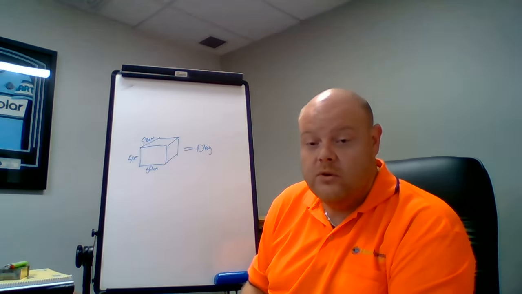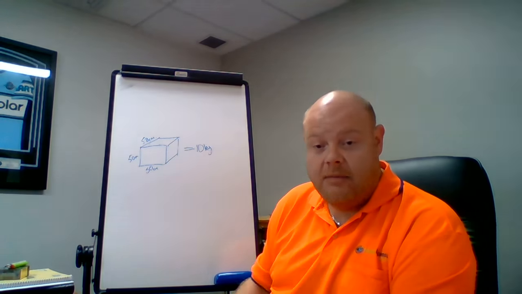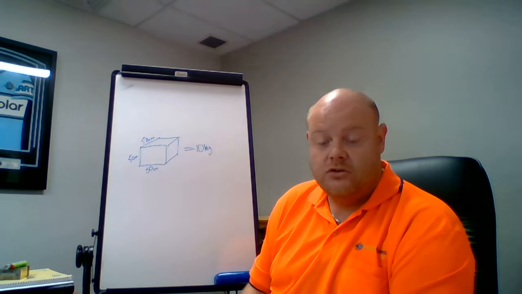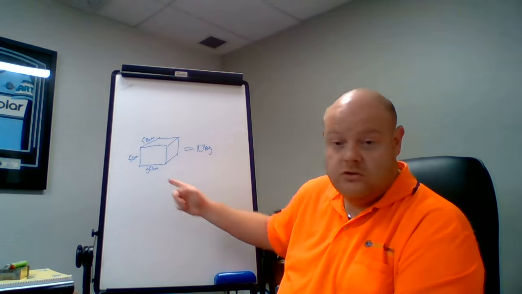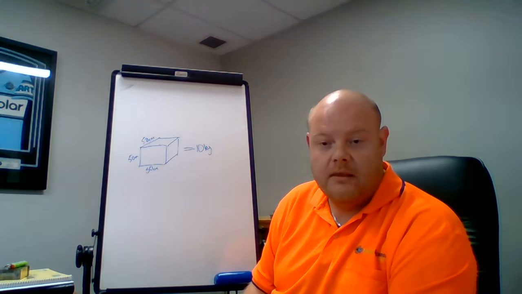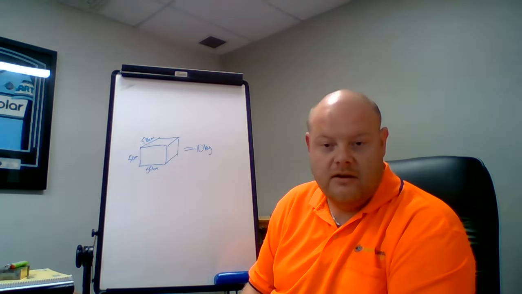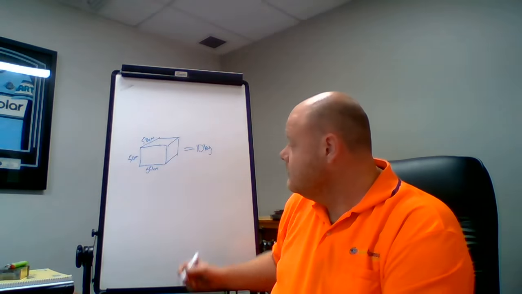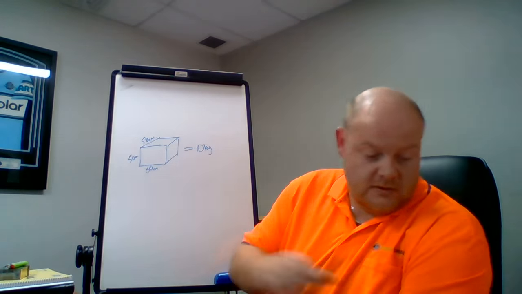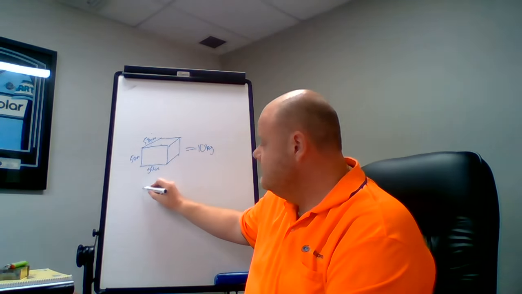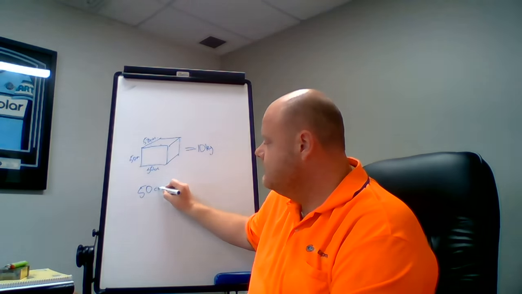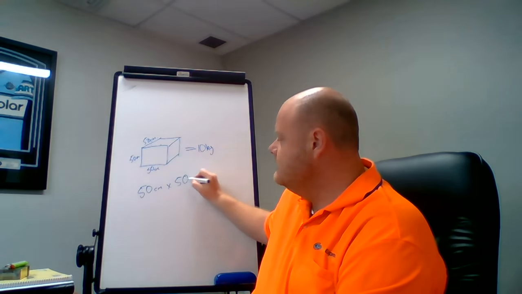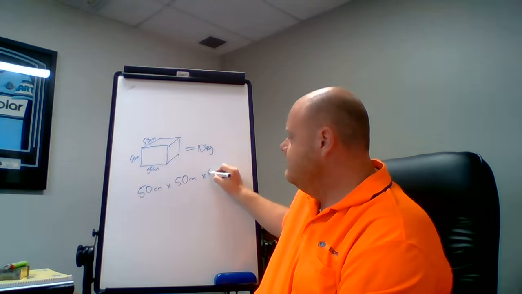There's a way that I can work this out to work out how much that customer should be charged. Should they be charged for 10 kilos or should they be charged on a volume? Well, we can actually work that out. My first step is to work out the cubic volume. So it's 50 centimeters times 50 centimeters times 50 centimeters.